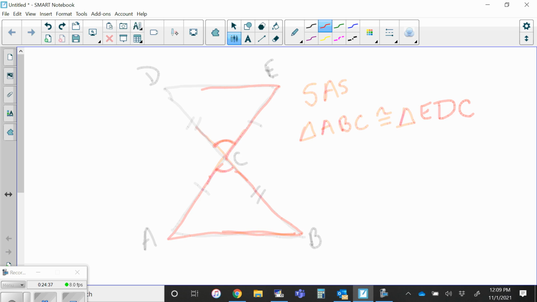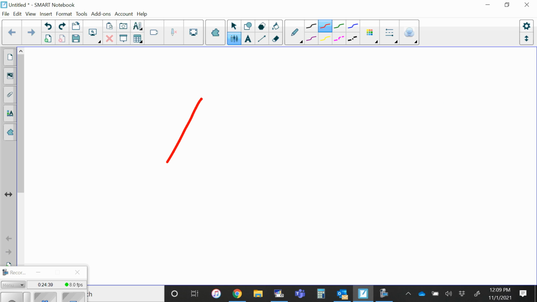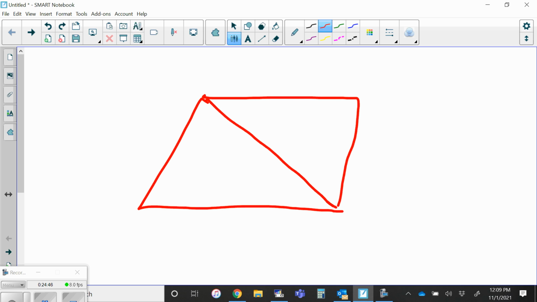Another one you need to be careful of is this one that we already did. If you're looking for sides in a triangle and I'm trying to prove that this bottom triangle is the same as this top triangle, what do I automatically know with them not even telling me?